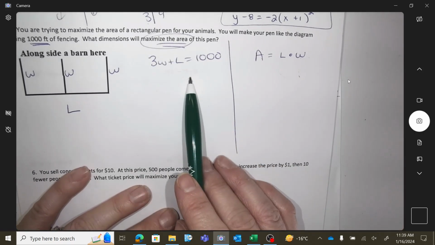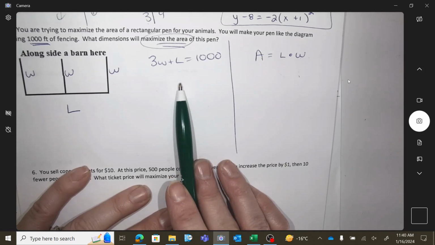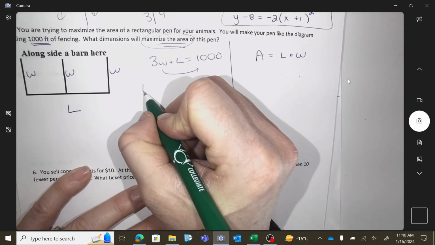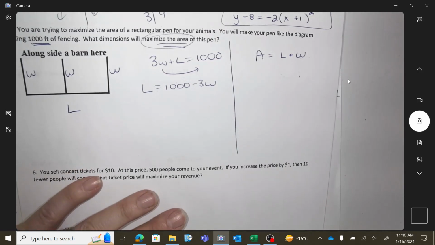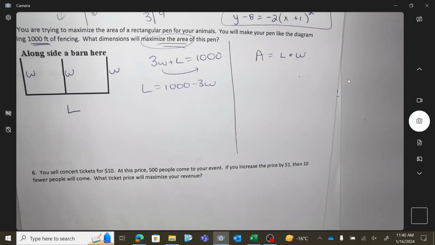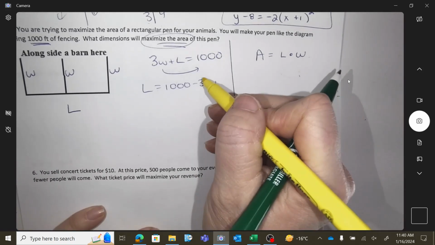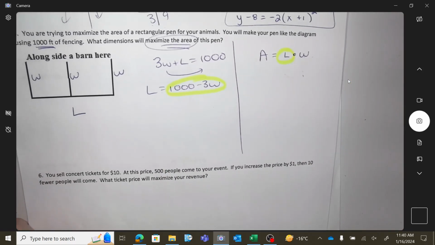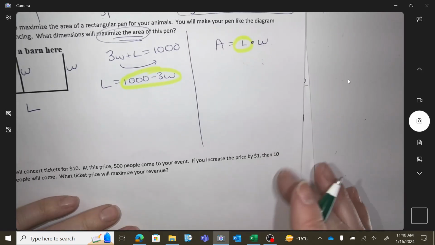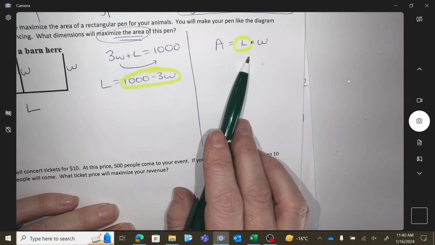What could I do as an isolation over here? The W or the L? Which one's better? I think L alone is better, easier than getting W. So if this is equivalent to L, I can make that replacement, that substitution.